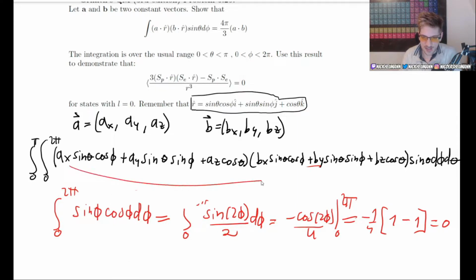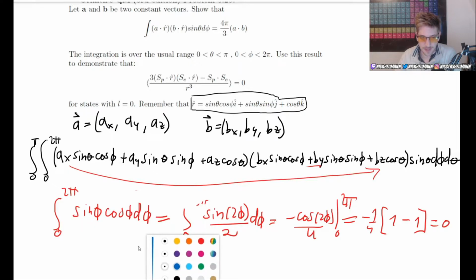So ax times bz. If we do that, we get sine theta squared, and then we get cosine phi. And that's another red flag. And then cosine theta, but that's not too interesting.